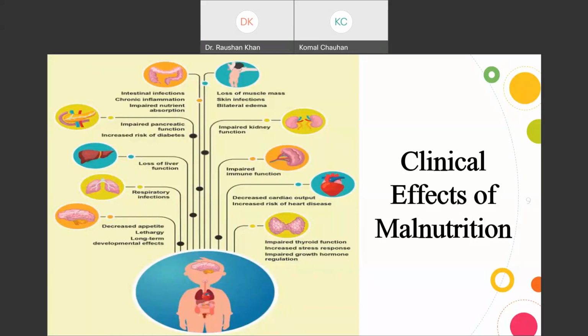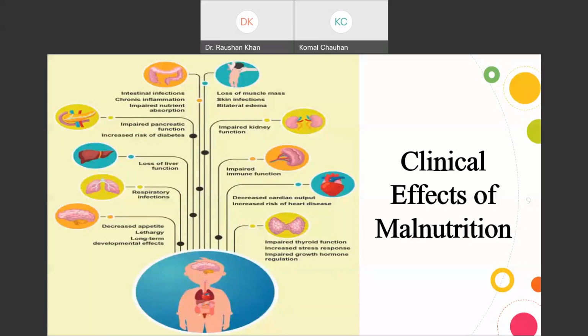Similarly, with respiratory infections, as you know, the mucosal lining is the first line of defense in our body. In a malnourished child, this lining is compromised, which will lead to respiratory infections. Then decreased appetite is there, lethargy is there, and some long-term developmental effects will be there if this condition of malnutrition is prolonged for a certain period of time.